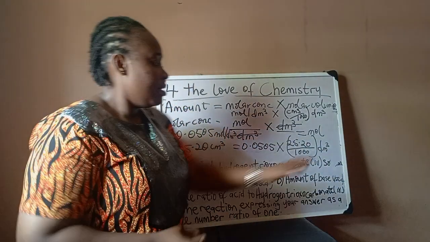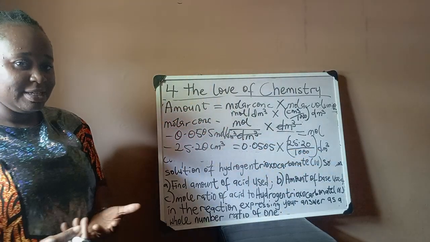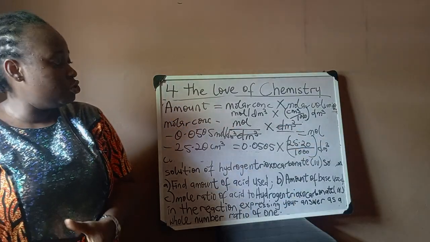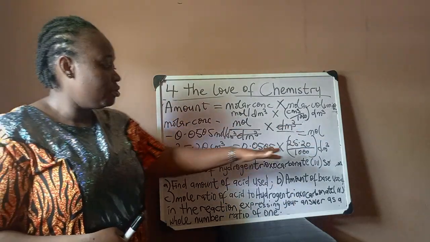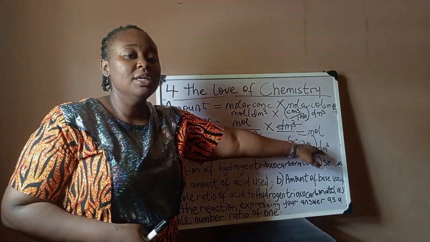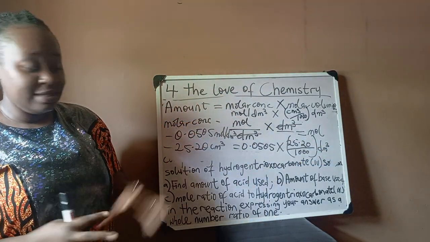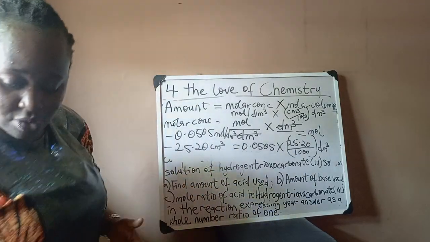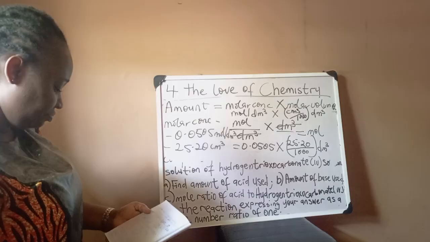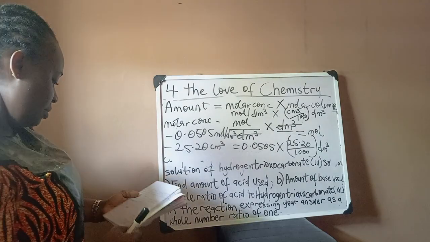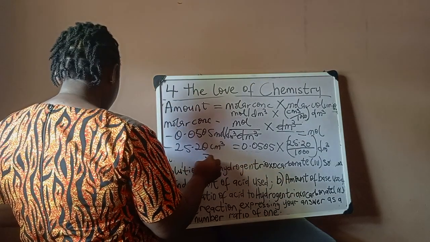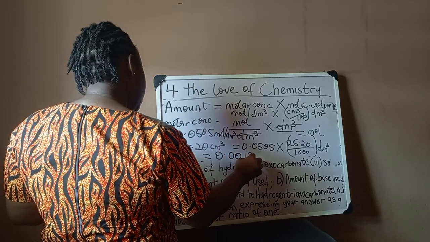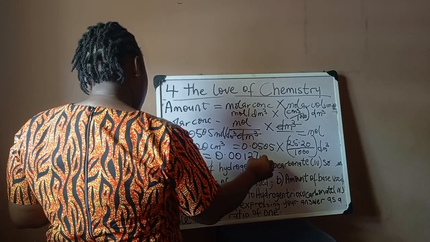You know why I'm making this known? Because it is expected. You can't just divide it and put it here without showing what you did. You must show that you converted it to dm cube. That's why I included the units in the solution so that it will make sense. All right. So when you multiply that out, you have 0.00127 mole.